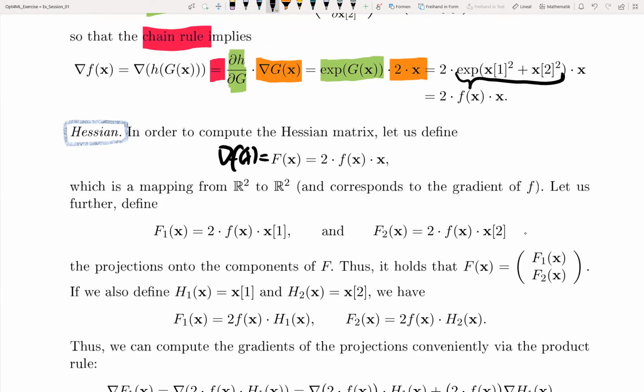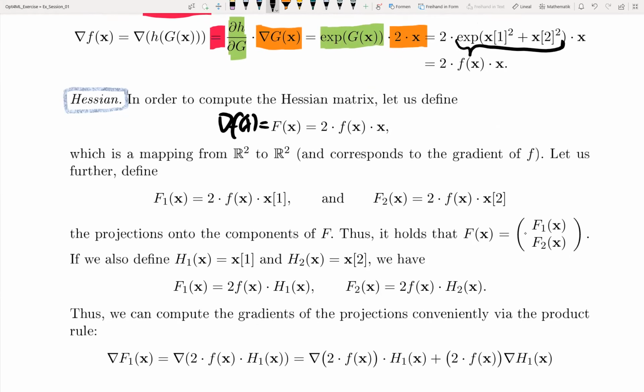Always playing around with this gradient is a bit unsatisfying. So, and what is the gradient? We just have computed it here, right? So the gradient was this. So this is what we get here.